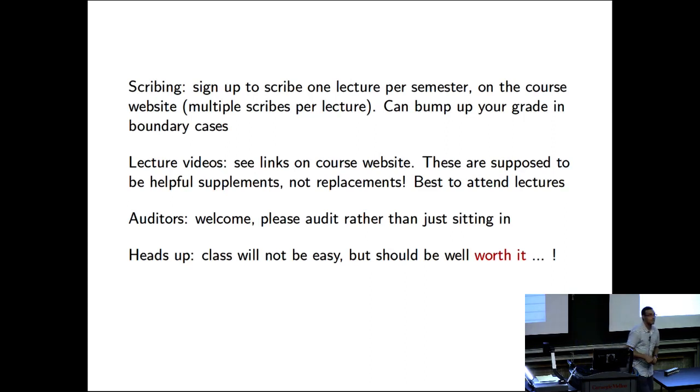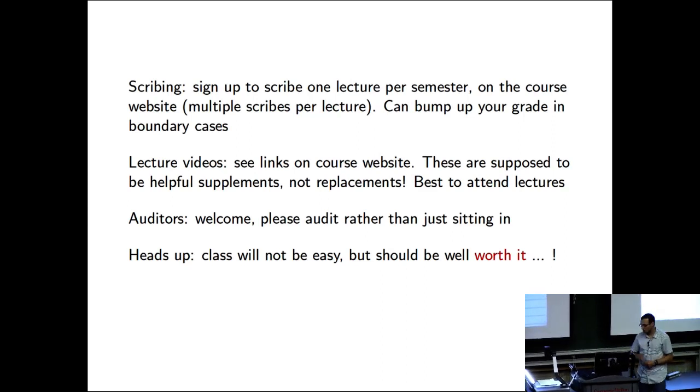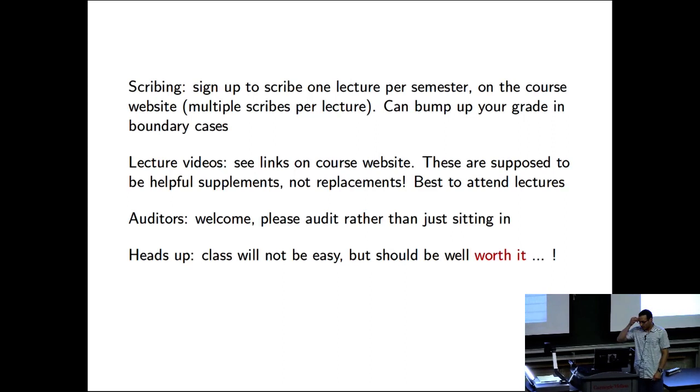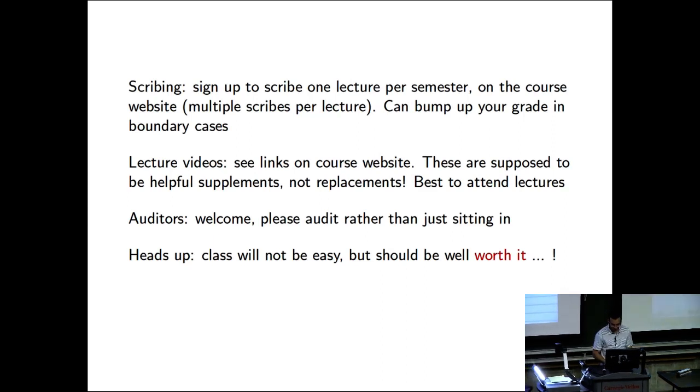Yes? I can't remember. So the question is, has the grading breakdown for the homework been decided? I think it's on the syllabus if you look. So let's just check that.